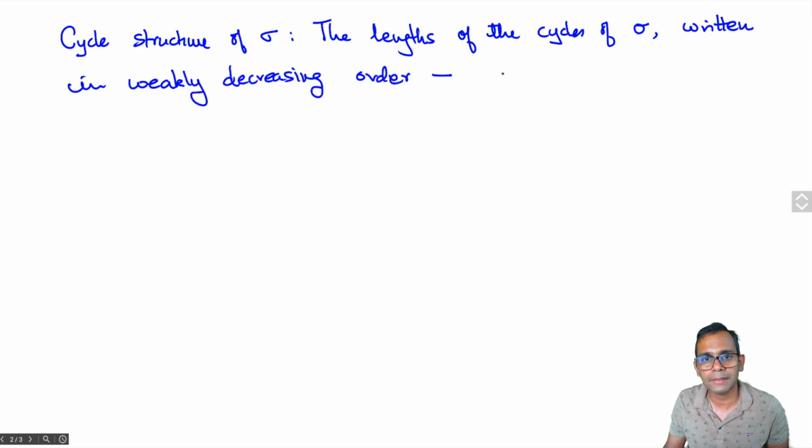So that means that this is an integer partition of the cardinality of U.